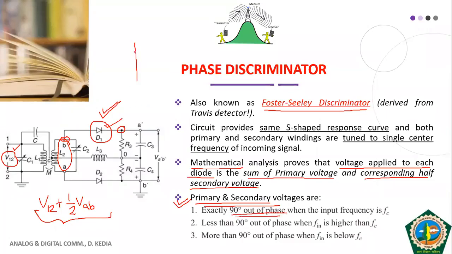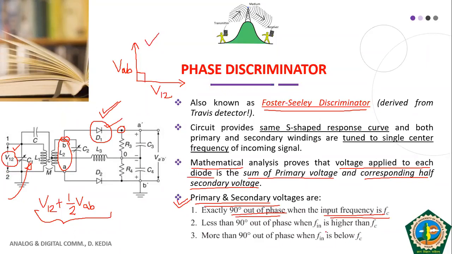If I represent my voltages with the help of vectors, say this is my primary voltage V12, and this is my secondary voltage VAB, these are exactly 90° out of phase. There is a 90° phase relationship between the two when your input frequency is FC. So if the incoming signal frequency to this primary is equal to the carrier frequency, then we have exactly 90° phase. This we have to prove.